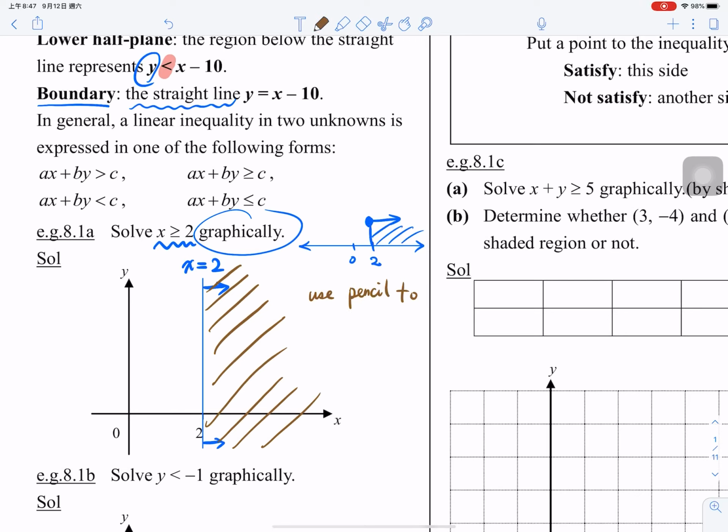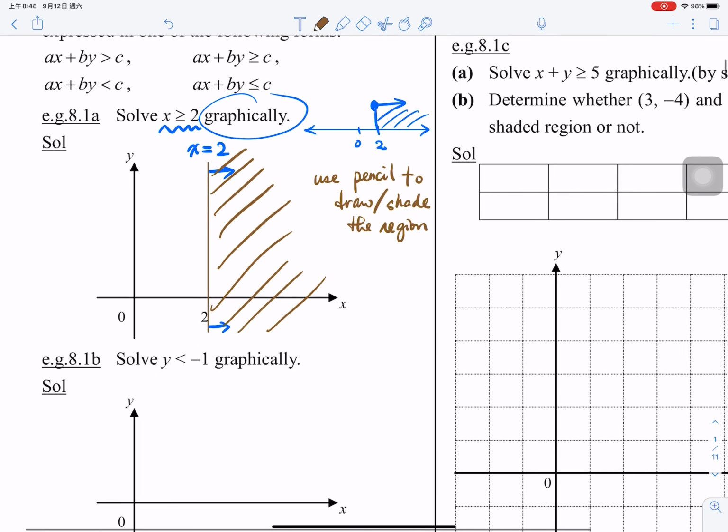Remember to use the pencil to draw or shade the region. Drawing the straight line also needs a pencil. So now maybe I mark it once again. Good, our pencil now, okay?